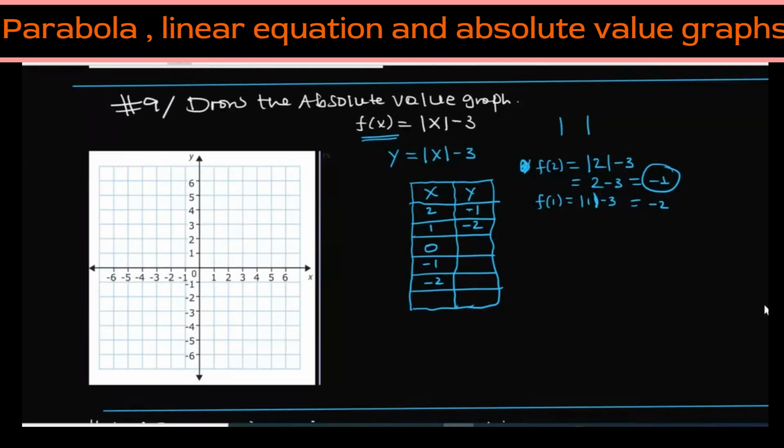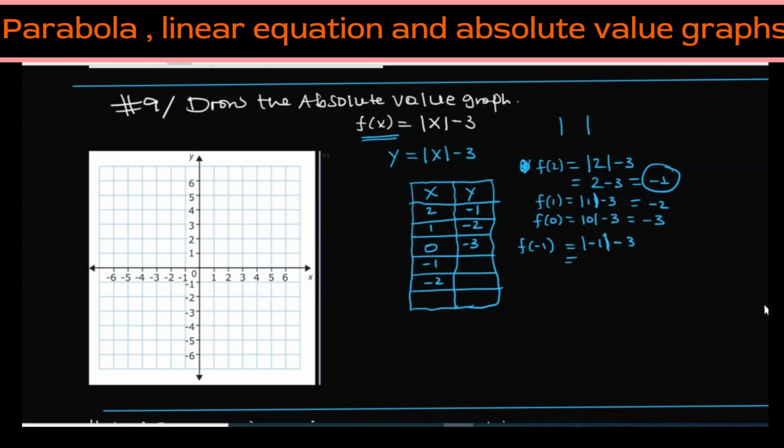When it is 0, f of 0 is equal to absolute value of 0 minus 3, which is negative 3. Now I'm done with the positive numbers and 0. Let me go to the negative ones. f of negative 1 is absolute value of negative 1 minus 3.